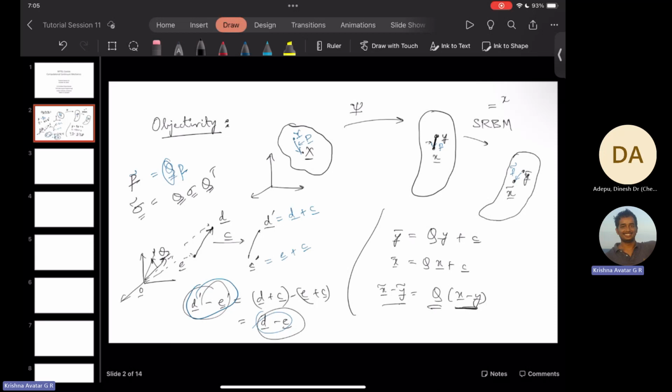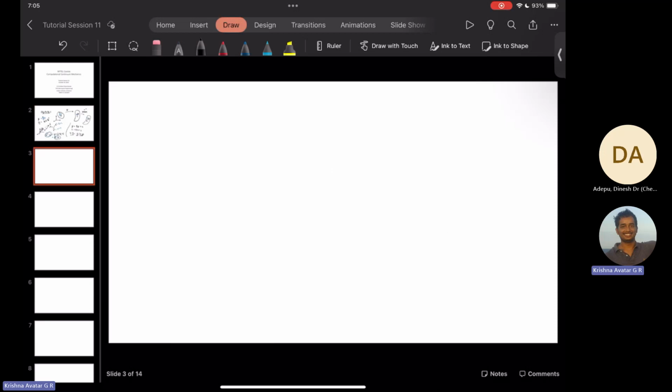Under objectivity, given an energy functional W as a function of the deformation gradient F, we learned that W of F is equal to W of F tilde, which is W of QF. So from the principle of objectivity, even after superimposing this rotation, a rigid body motion, the energy should still remain the same.